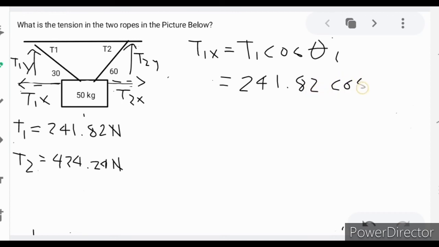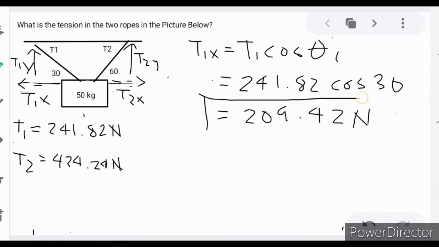Then we have cosine 30. Then our answer is 209.42 Newton.